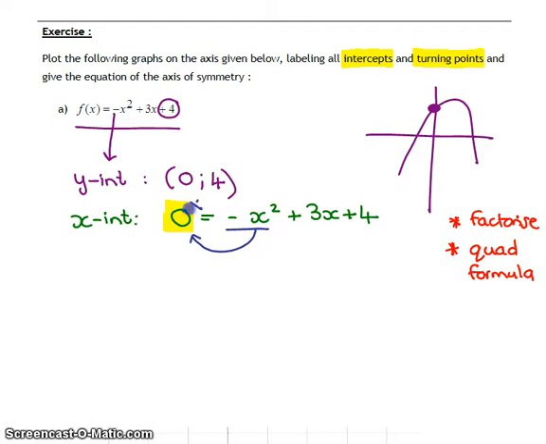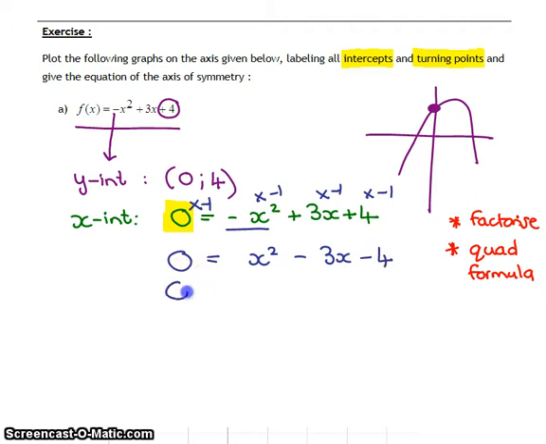You're allowed to multiply an equation by -1 as long as you do the same thing to everything. That would also get rid of my negative coefficient, which would make my factorizing easier. So if I think of myself as multiplying by -1, I get 0 is equal to x squared minus 3x minus 4, which I find a lot easier to factorize.